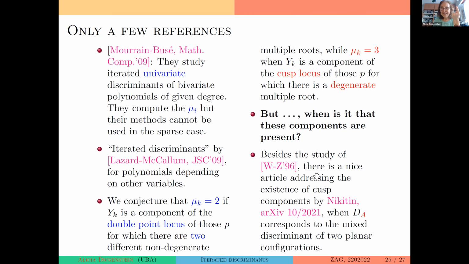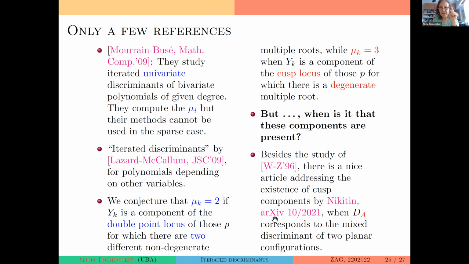Well, there is this thorough study for hyperdeterminants by Weyman and Zelevinsky. And there is a nice article which addresses a very particular case. This is by Nikitin, he's a student of Alex Esterov. And here, the original discriminant is not that we take the discriminant, but the original is a mixed discriminant of 2 planar configurations.